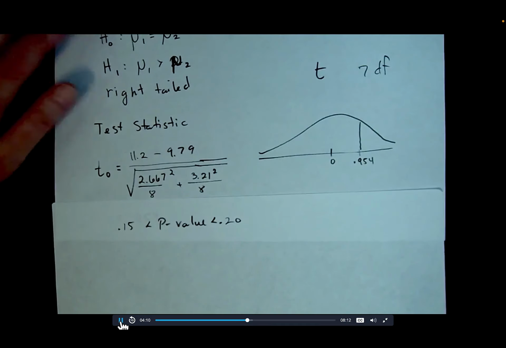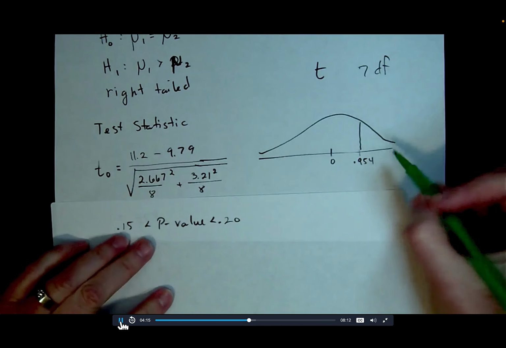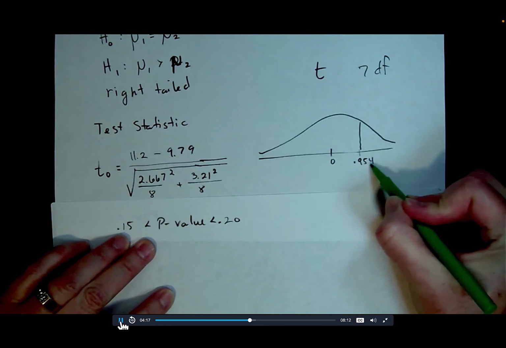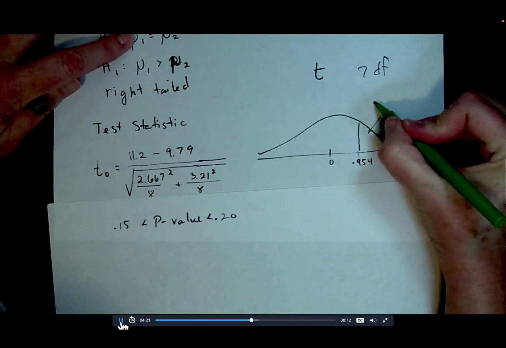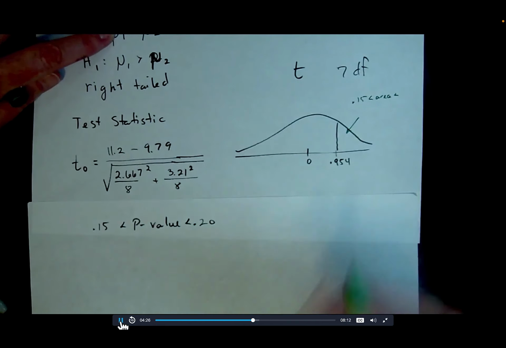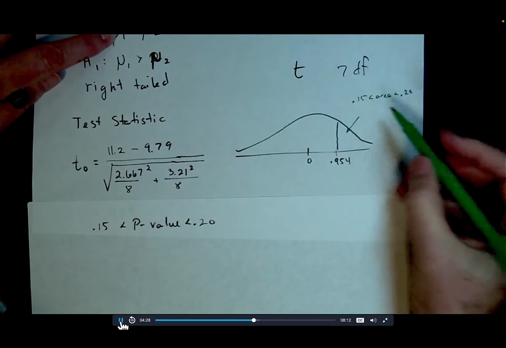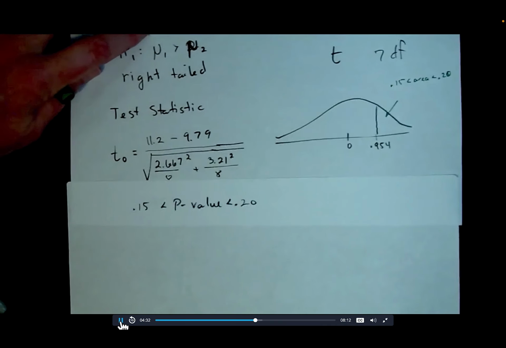So again, when you're looking at the t-table, the two numbers on each side of 0.954 that are closest to it give you 0.15, and the other one gives you 0.20 for the area. So the area is between those, and that's usually fine.